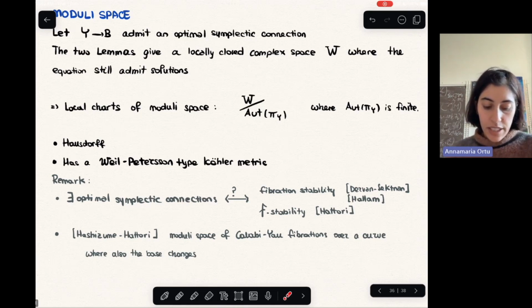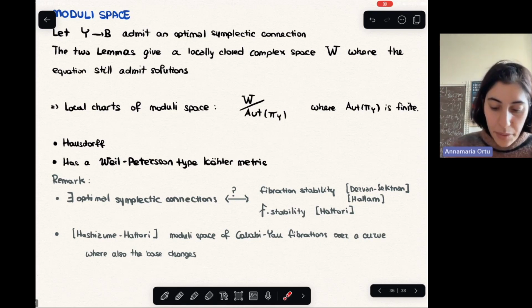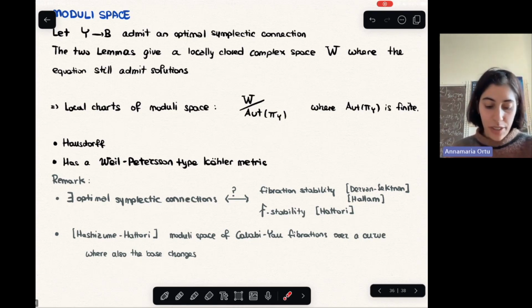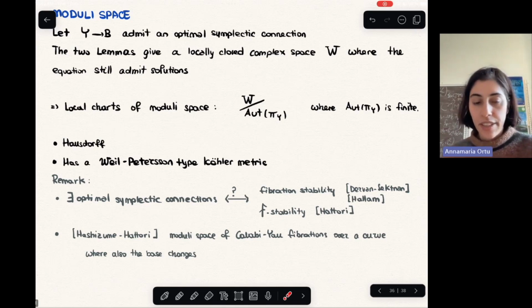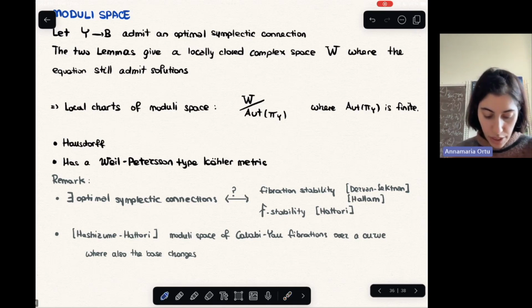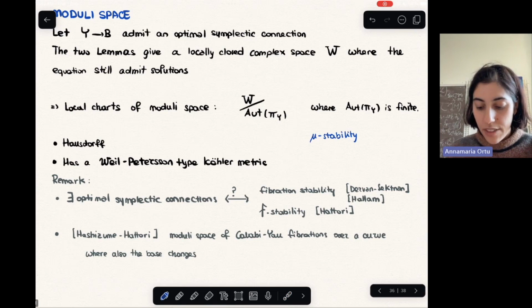And so in the end, there is some general picture about whether the optimal symplectic connection is also equivalent to some stability condition. So as I said before, we have mu-stability of vector bundles that's related to the existence of Hermite-Einstein metrics.